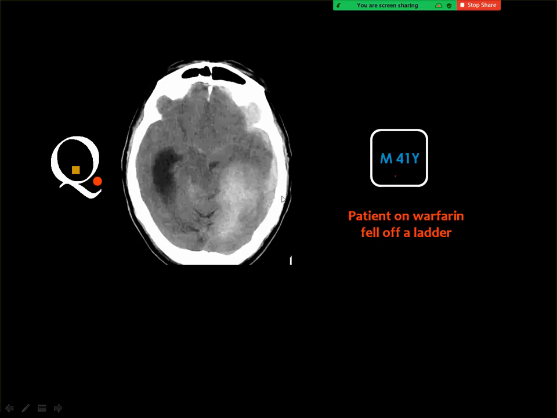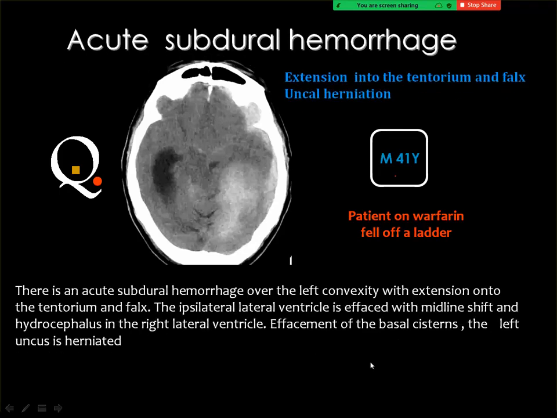If you look carefully, this is subdural blood, and subdural blood can extend into the falx and also into the tentorium, so the right answer is an acute subdural hemorrhage with extension into the tentorium and the falx.